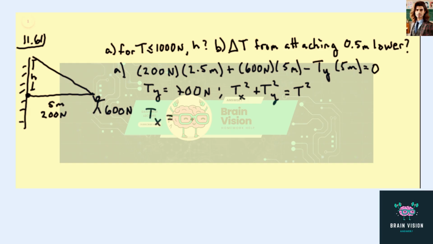So that Tx is going to be the square root of 1,000 newtons squared minus 700 newtons squared, so this will give us 714 newtons.